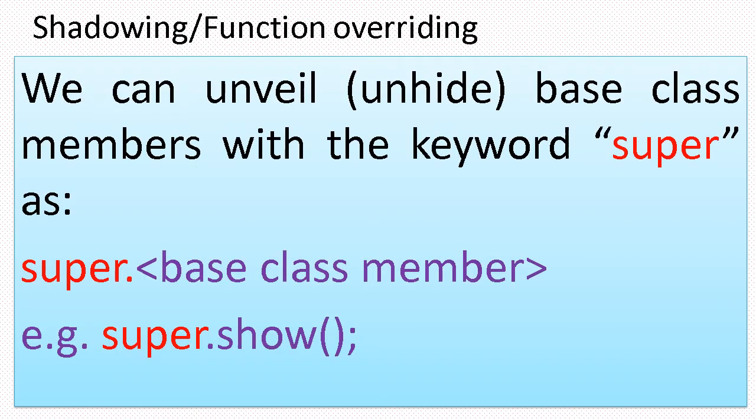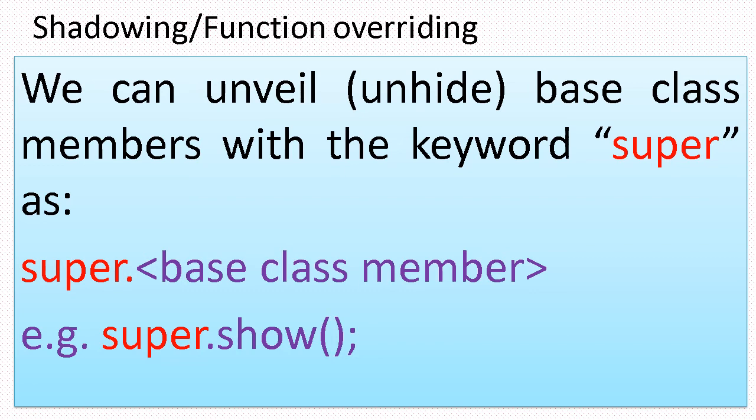If functions are having the same name, then how can we access both? How can we unveil it? So the solution is we can unhide base class members with the keyword super, as super.baseClassMember. It is applicable for both functions as well as instance variables.